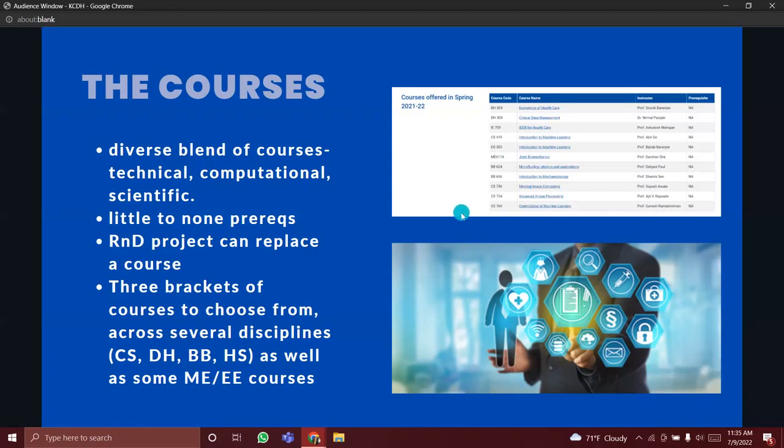You could do technical courses, computational courses, and courses related to the pure science of the matter. You could even go more macro towards policy making and the economic side of it. So I think every little aspect of what goes on in the healthcare industry is covered.